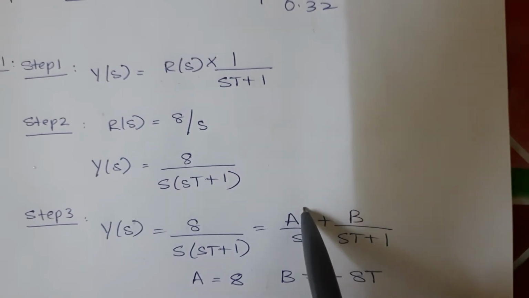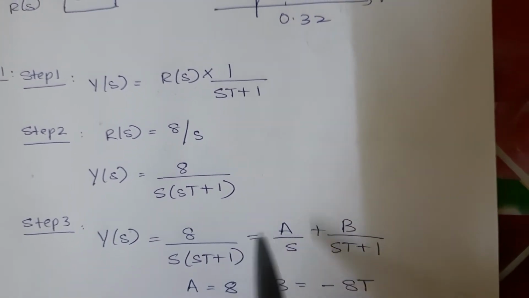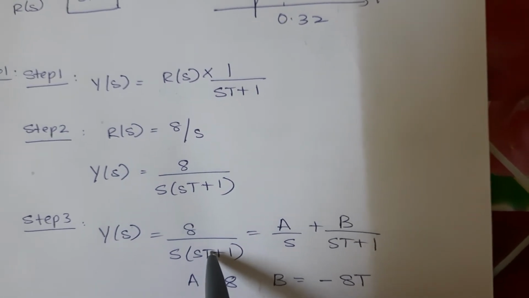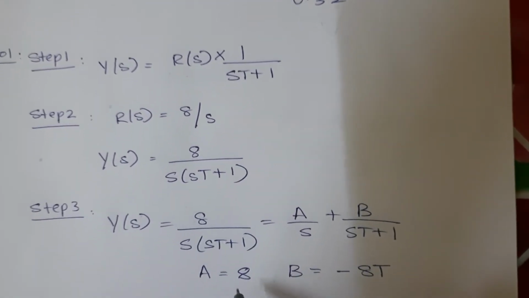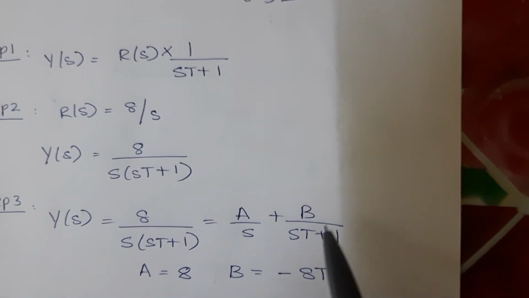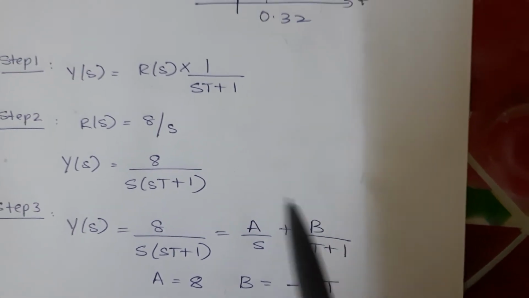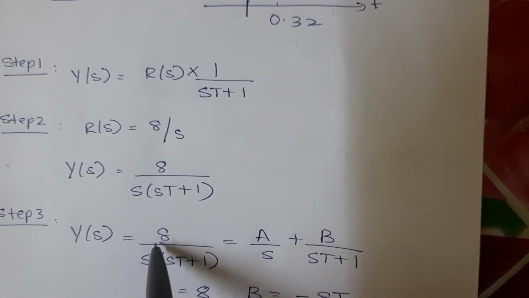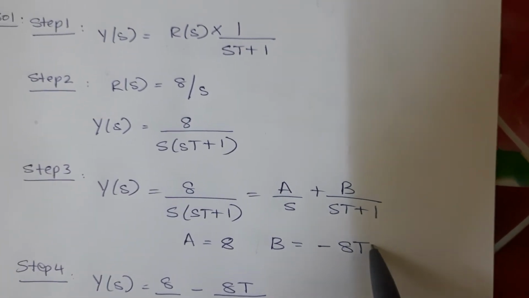Now while finding A, I will put s equal to 0 in the other term. So that will give me 8 by 1, which is A is equal to 8, and while finding B, I will put s equal to minus 1 by T in this term. So that will give me minus 8T.